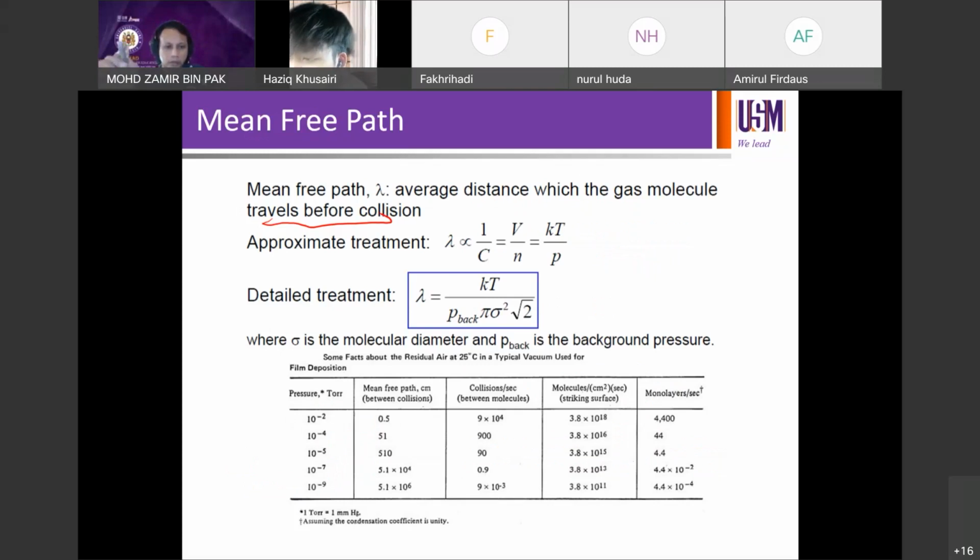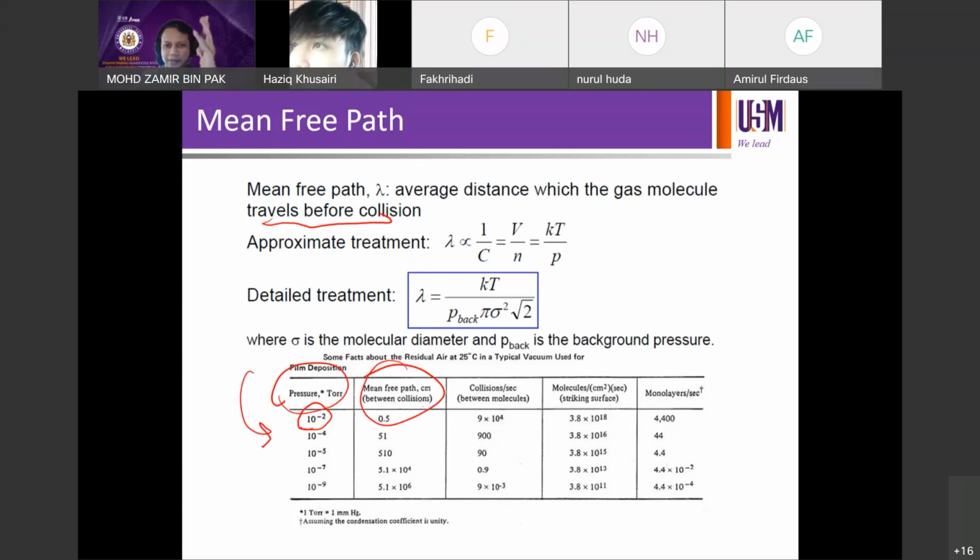So if you can see down here in the table, at different levels of vacuum, we'll get different levels of MFPs, mean free path. So for example, if you're operating at 10 to the power -2 torr as your vacuum level, then the MFP is only like 0.5 cm. 0.5 cm, kecil je. Not even a cm, right?